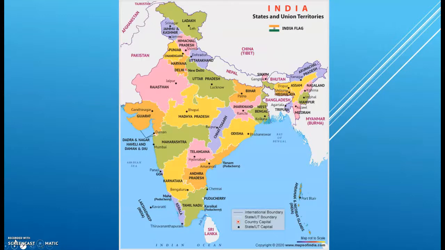Children, look at the map. So children, there are a total of 28 states and 8 union territories in India at present.